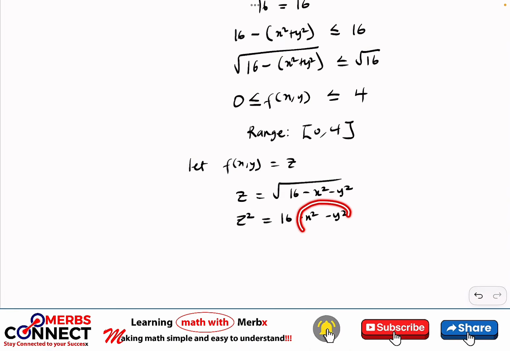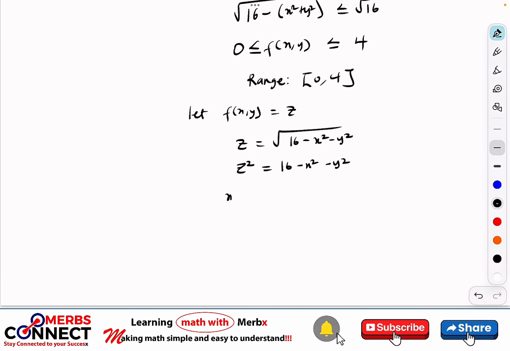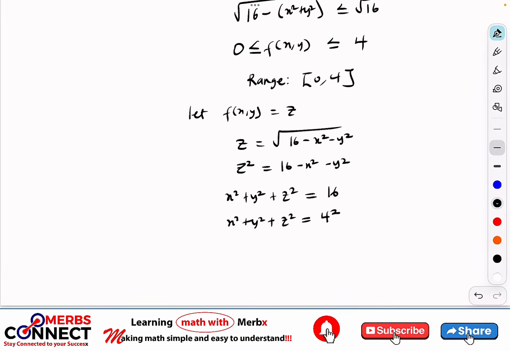Now let's move this to the right side. So this is going to give us x squared plus y squared plus z squared is equal to 16. And this is x squared plus y squared plus z squared, which is equal to 4 squared.